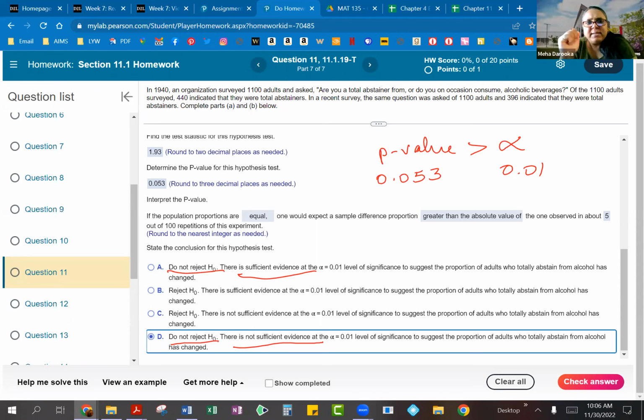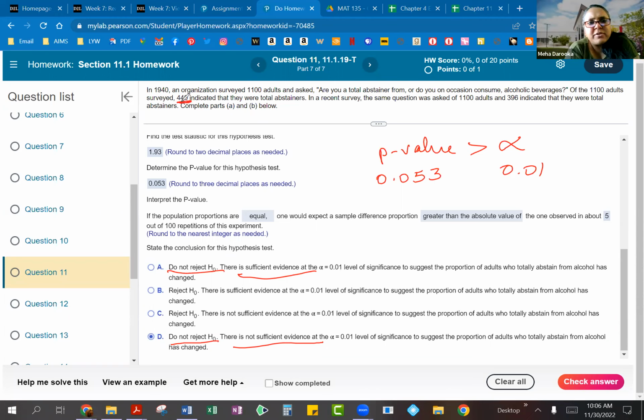If you think about just the basic numbers, you did have 440 back in 1940, and it's dropped down to 396. So even looking at those numbers, and from our hypothesis testing, I would want to say sufficient evidence, but sometimes I think one way and then I'm not in the right.